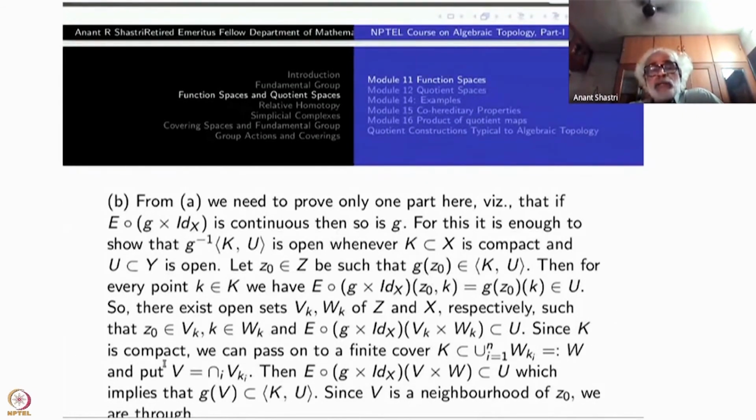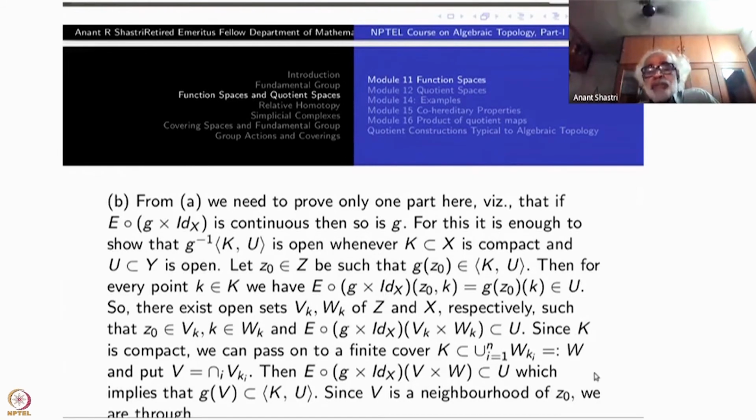On the other hand, let us take the neighborhood V for this Z0 to be the intersection of the Vki's. Then E of G cross identity of this intersection here and the union there will be contained inside U. Because once it's an intersection, this will be true for every element, no matter where you take the second one to be, in one of them.